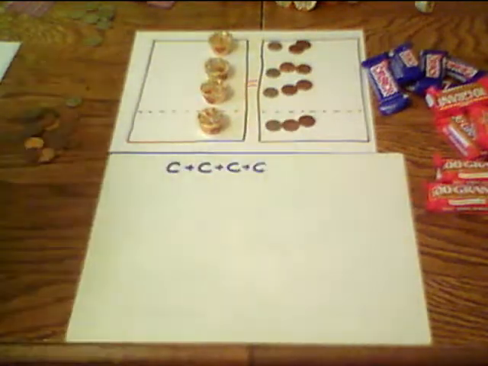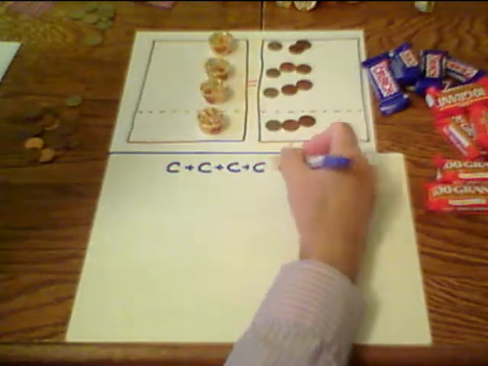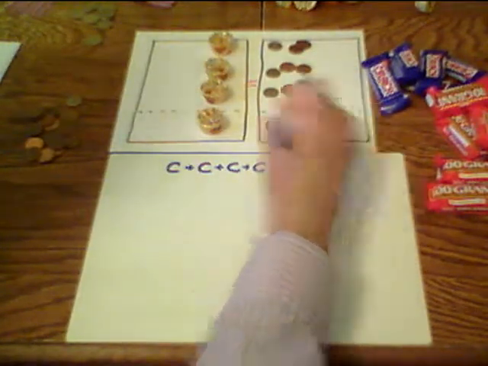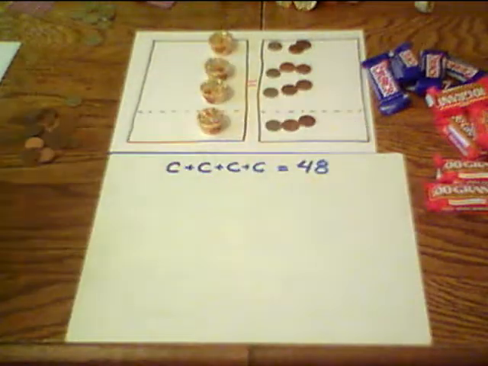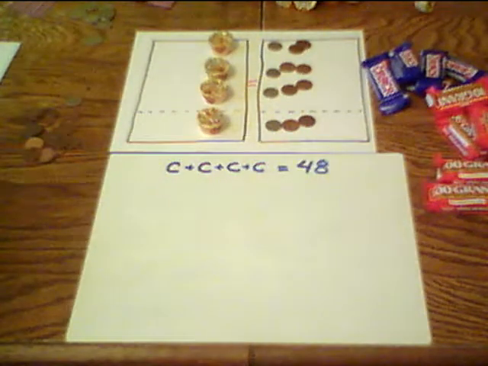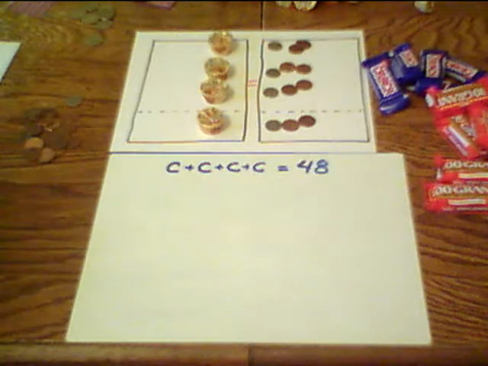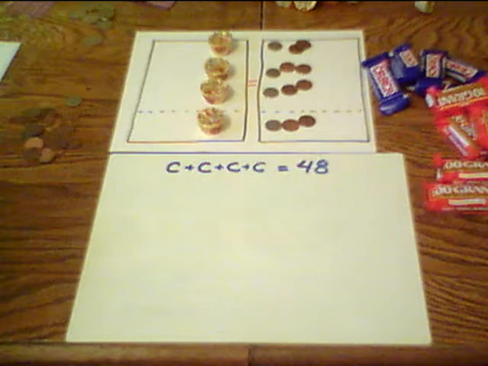There's 4 candy bars, where C is the cost of a candy bar, and it's equal to 48 cents. Okay, now I could look at this too, and I could say, is there another way I can write the idea of having 4 items that we don't know the cost of? They might have some trouble with this.